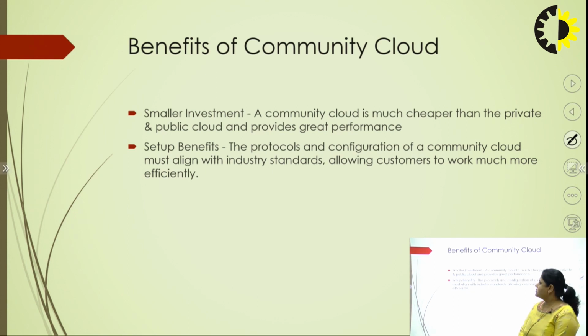Smaller investment: a community cloud is much cheaper than private cloud and public cloud and provides great performance. Setup benefits: the protocols and configuration of a community cloud must align with industry standards, allowing customers to work much more efficiently. So the community cloud allows systems or services to be accessible by a particular group of organizations.